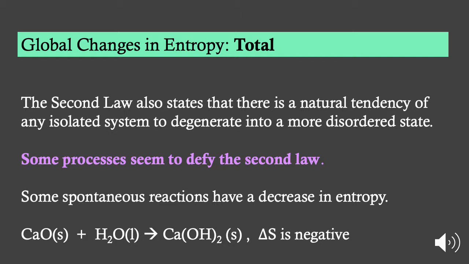The reason for this is that when a spontaneous reaction has a decrease in entropy, it will also be exothermic. This release of heat will increase the entropy of the surroundings by more than the decrease of the reaction. So the total entropy increased.